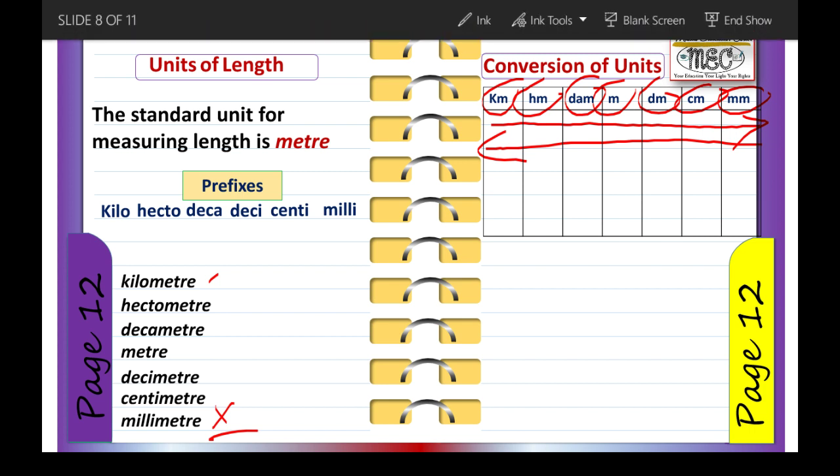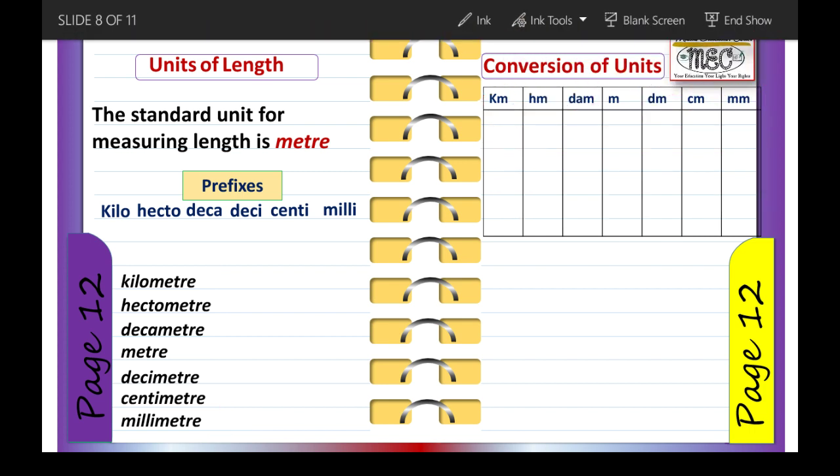Now let's start converting. How do you convert now? In this case, we'll be using 3 or 4 examples. The first example is an example in which we'll convert from the larger unit to the smaller units. Suppose that you are given 2 kilometers to convert them into meters.